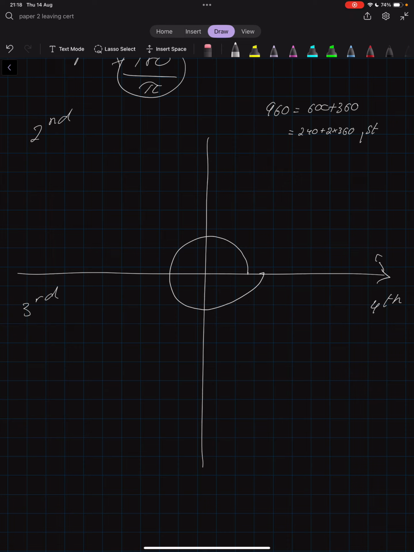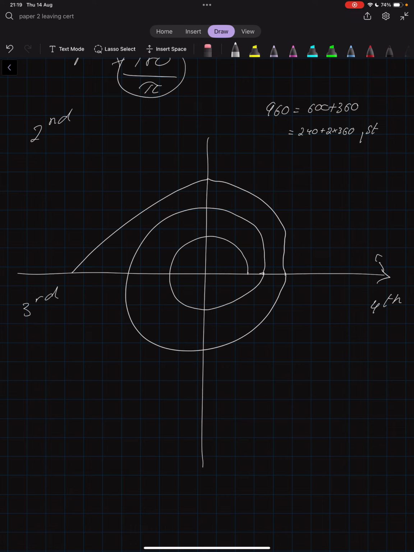You do one 360, you go again, and then you do 240. So 240 is 90, another 90, and 60. This is where he ends up, so he ends up in the third quadrant.